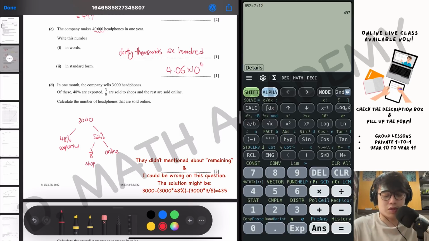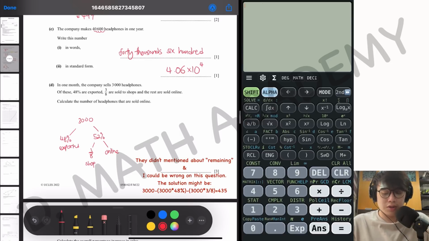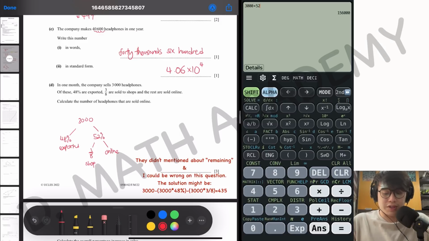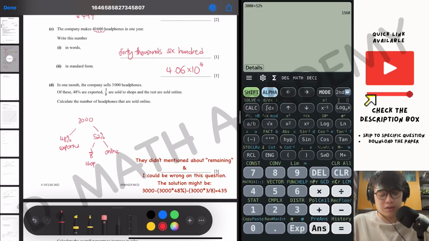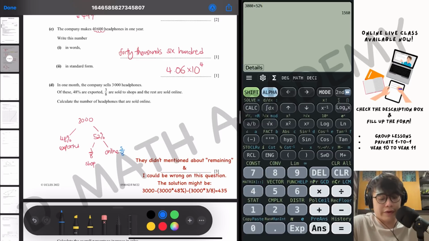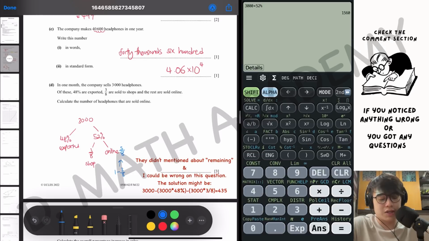Okay, so let's run our calculation here. So 3,000 times 52%. Just to let you know, the remaining fraction here should be 5 over 8. So how do I get this 5 over 8, you might ask? It's actually by taking 1 minus 3 over 8.